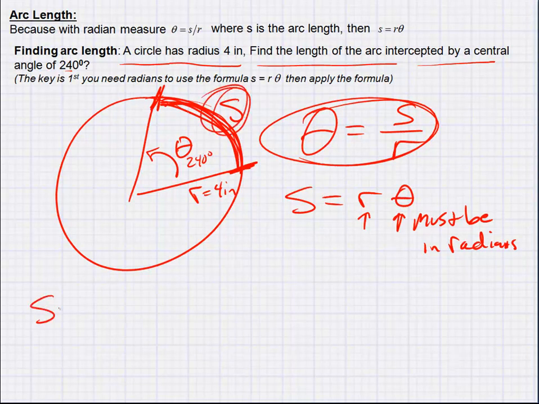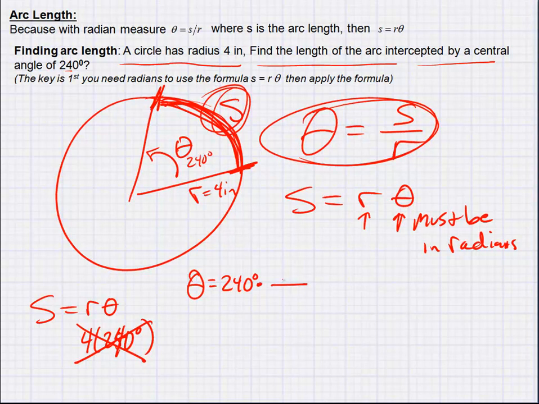So I use s equals r times theta. What I can't do is say 4 times 240 degrees, because that angle is not in radians. So first I have to take theta of 240 degrees and convert it to radians. That's going to be times pi over 180.